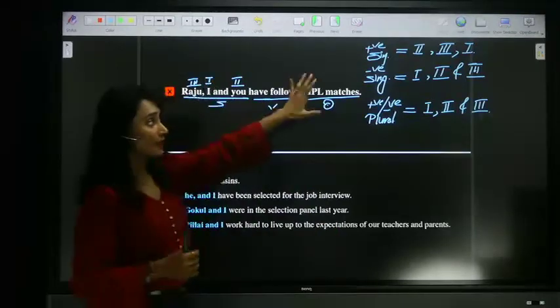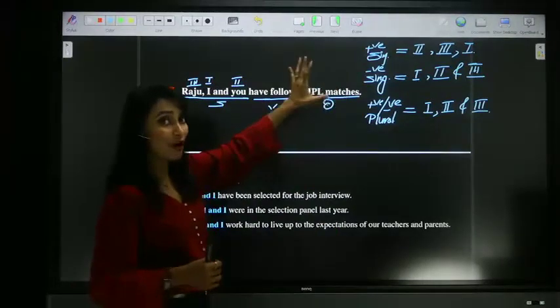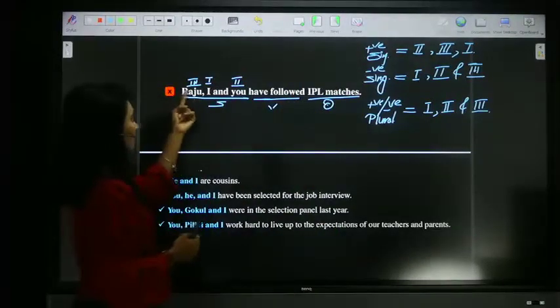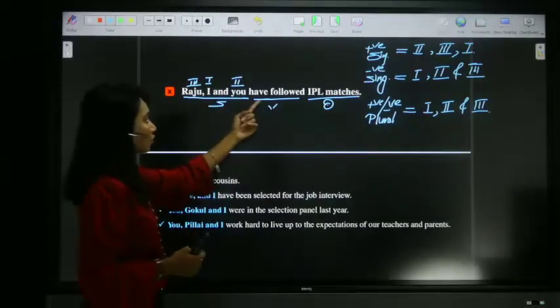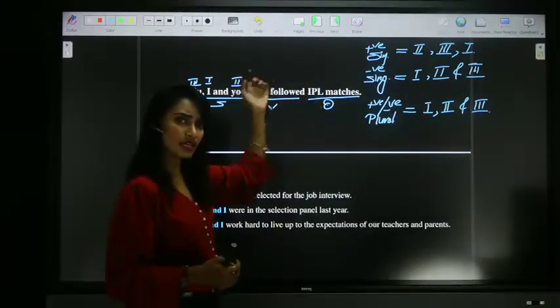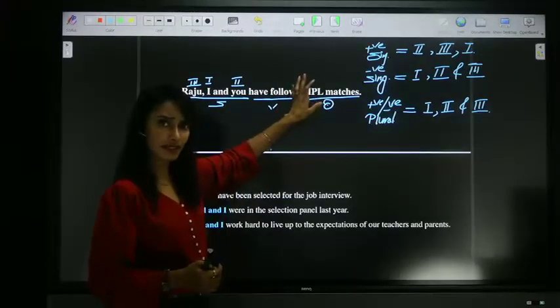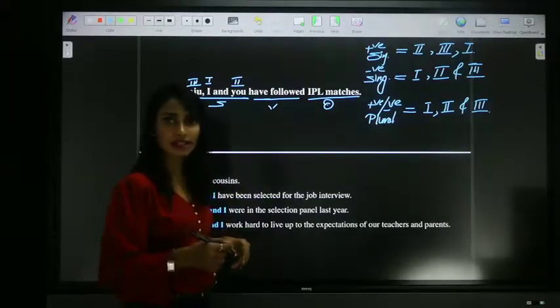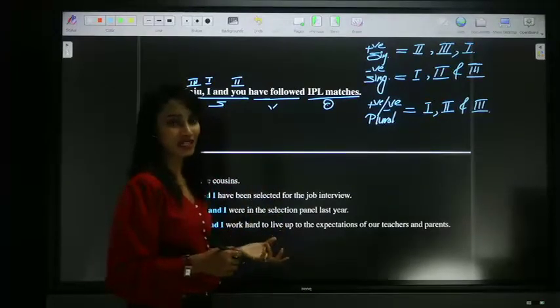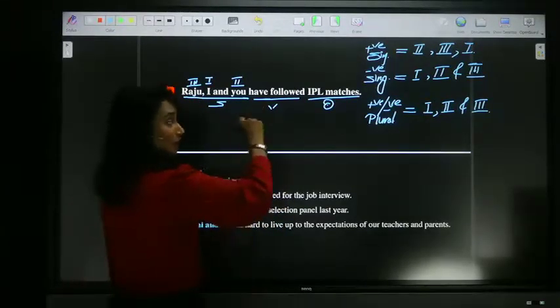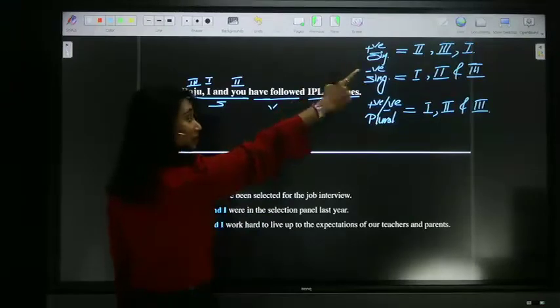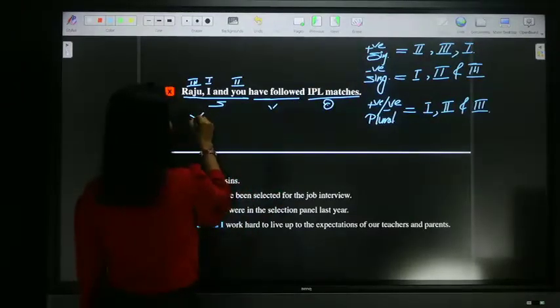So now, based on that sense and the order, look at this. Raju, I, and you have followed IPL matches. Is the sense positive or negative? Is it giving any negative sense or positive sense? There is no negative sense. That means you have to take it in positive sense. In positive sense, the order is second person, third person, and first person.